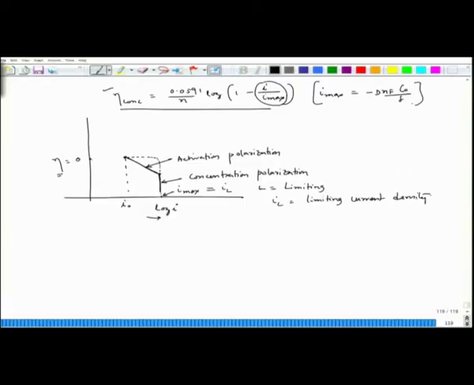Now, here a couple of interesting facts about this term as well as this term. If C0 increases, let us say I increase C0 and other things remain the same, I max should increase.